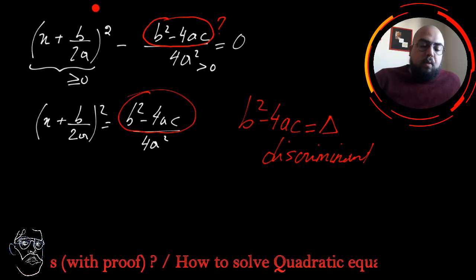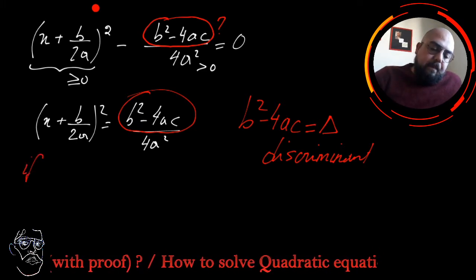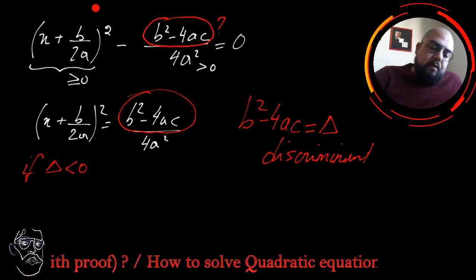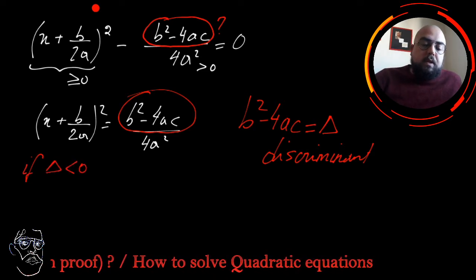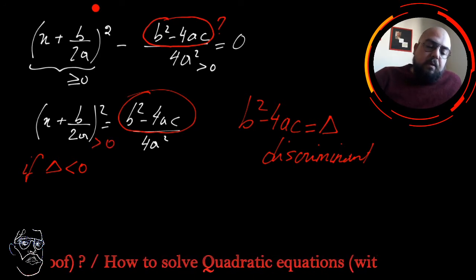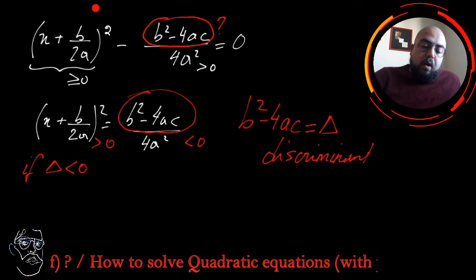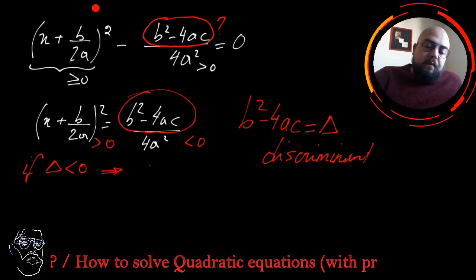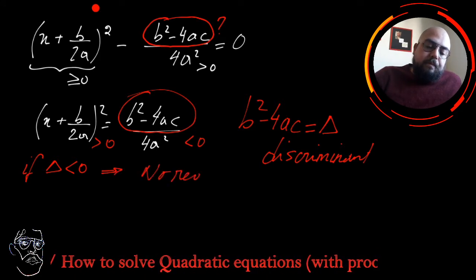So, for example, what happens if delta is negative, which means b² − 4ac is negative? I cannot have the first part positive and the second part negative, so I will simply say when delta is negative, no real roots.